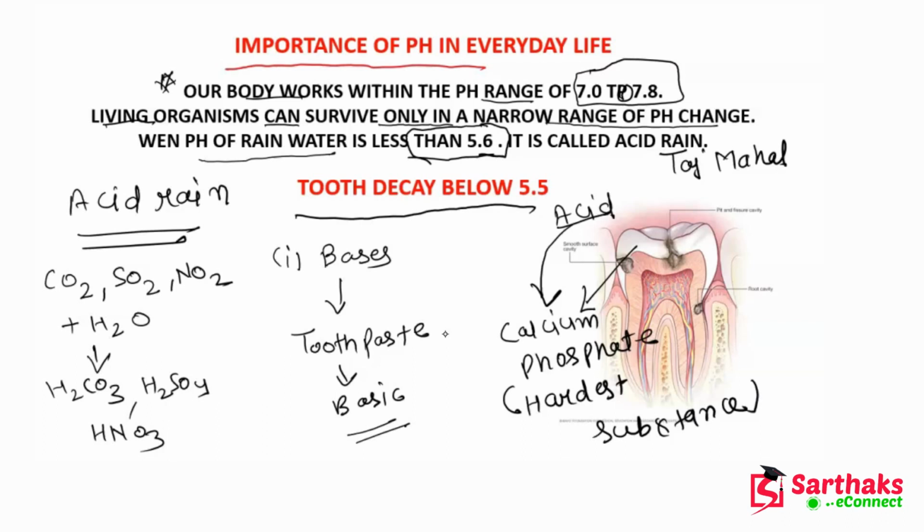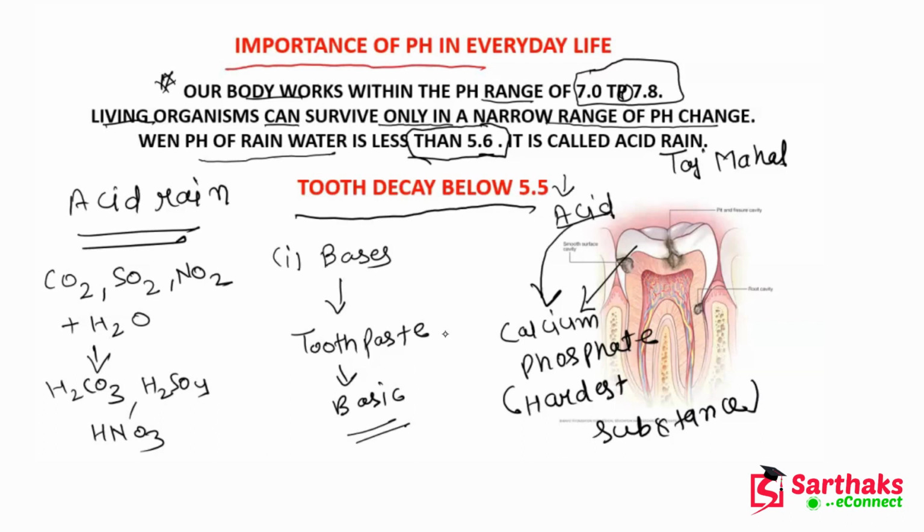Okay, so I hope guys this point is clear to you, what tooth decay is and how we prevent it. When the pH of this acid decreases to less than 5.5, it will damage all the tooth enamel. If it is more than 5.5, then it is okay. So this becomes a very dangerous situation.